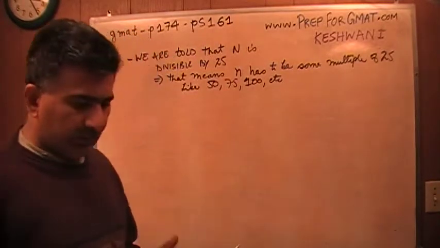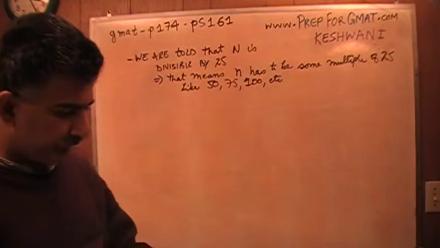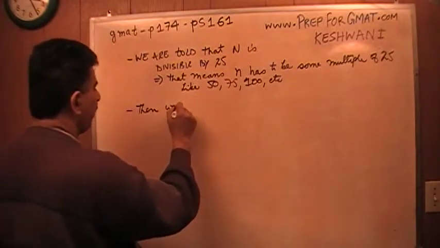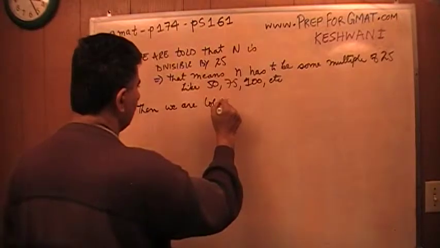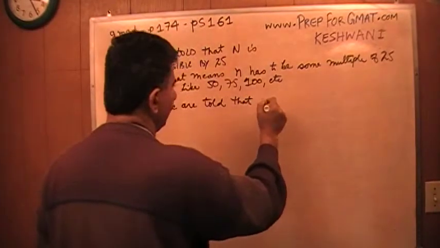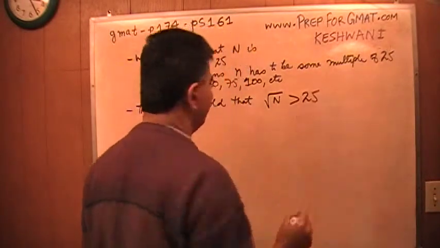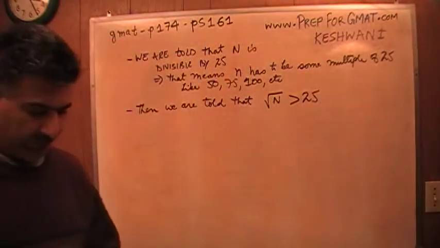Then we are told that the square root of n is more than 25. What do you infer from that? What do you surmise from that?